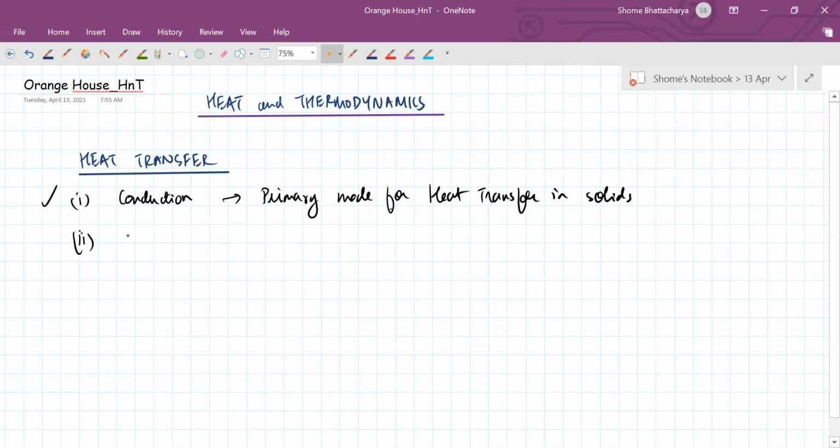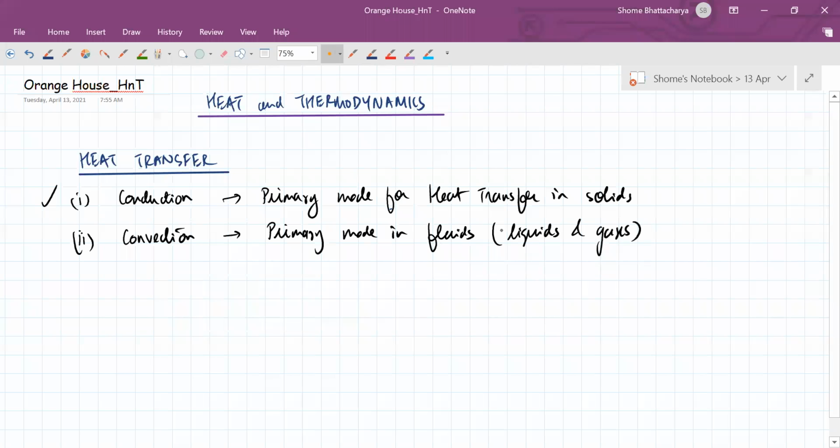Now the second mode of heat transfer is convection. So this is the primary mode in fluids, which includes liquids and gases. Now we will not be discussing too much about this because it's not in our syllabus.